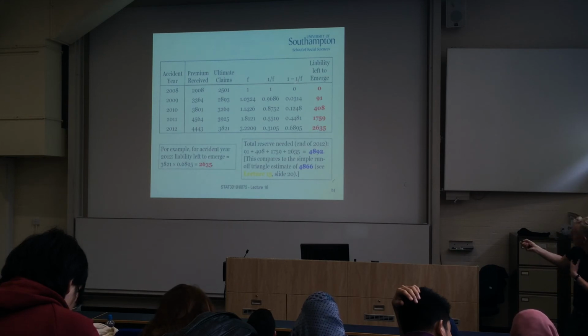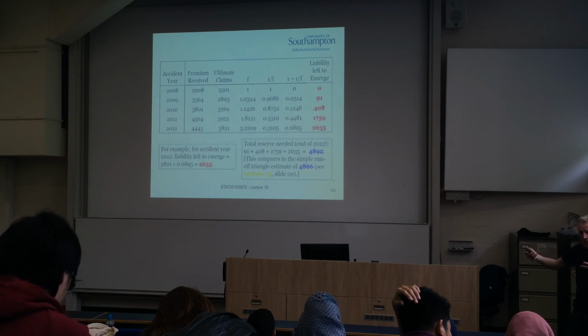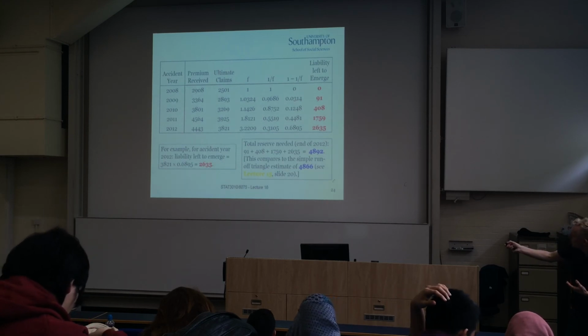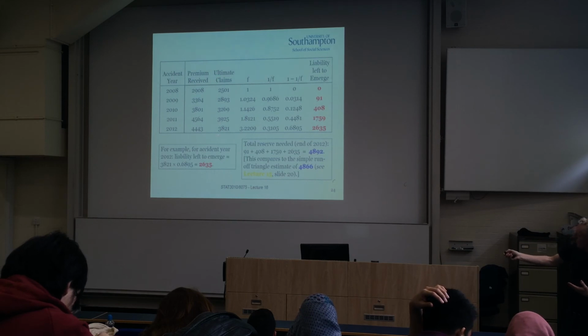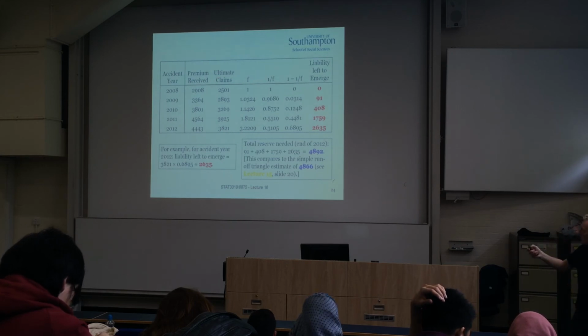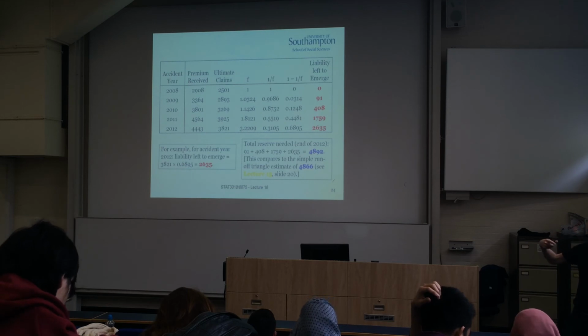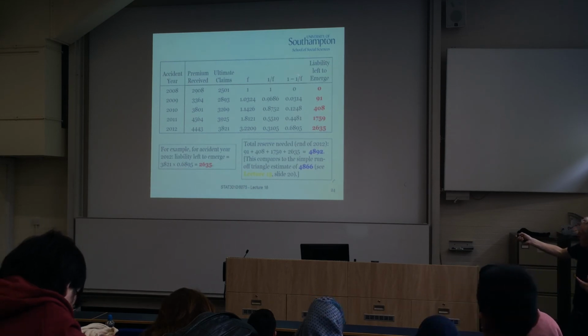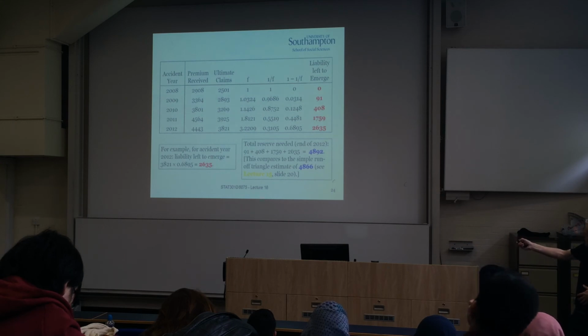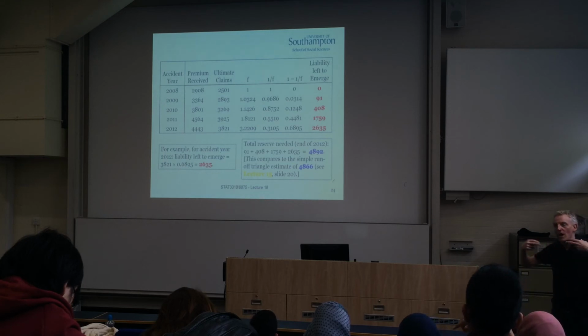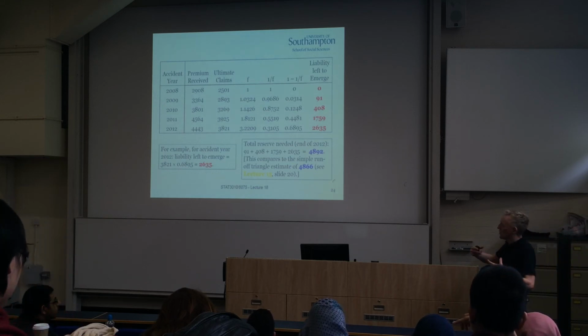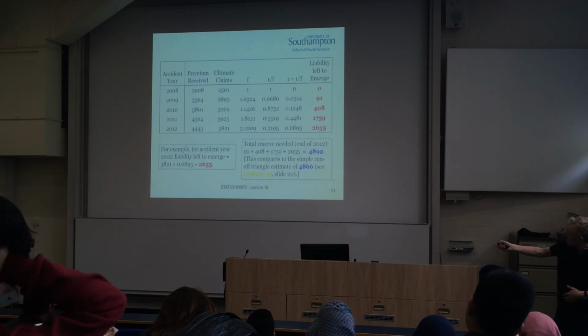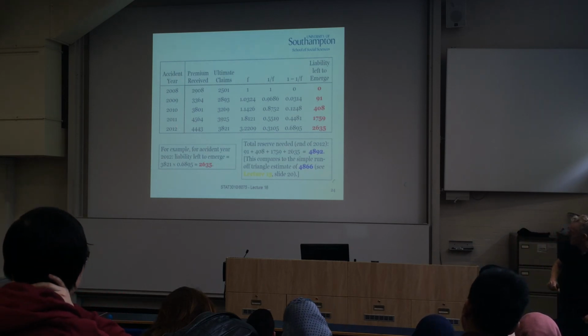So we're applying these factors here, the proportions left to emerge, to our initial estimates of the ultimate claims that came from the historical loss ratio multiplied by the premiums. So this column here, multiplied by the ultimate claims column, gives you the final numbers, which are the estimated amounts left to emerge, corresponding to accidents that happened in the different years.